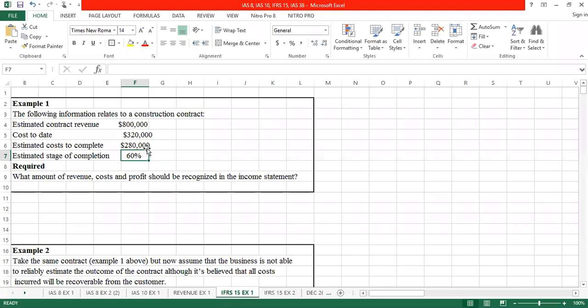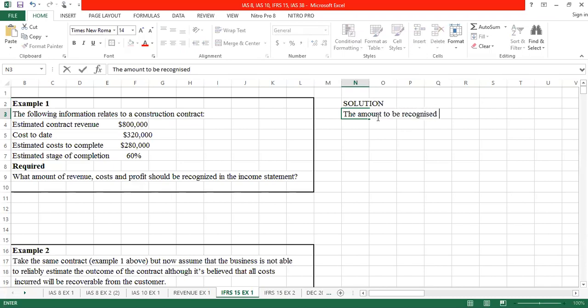What amount should be recognized in the income statement? Solution for example 1. The amount to be recognized, what did we say?